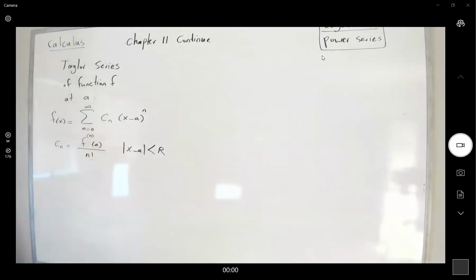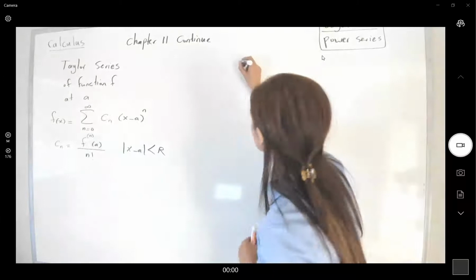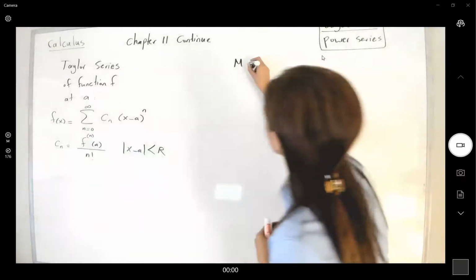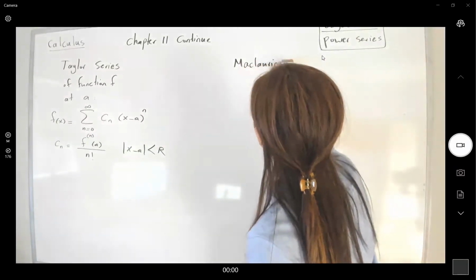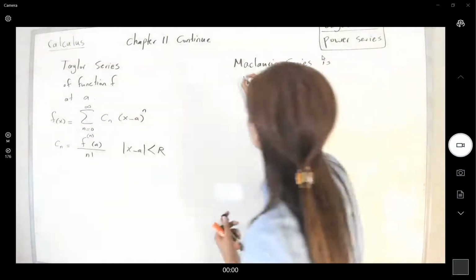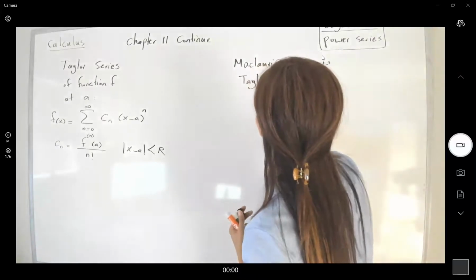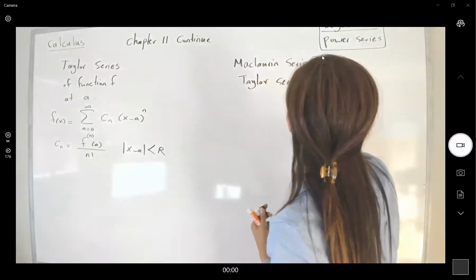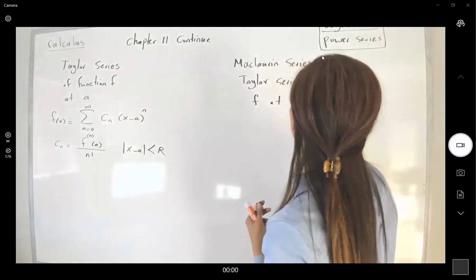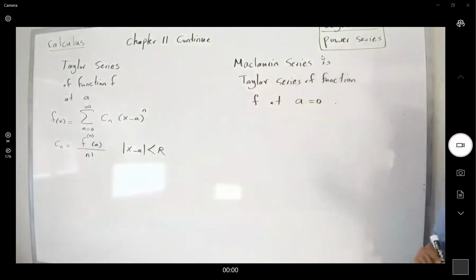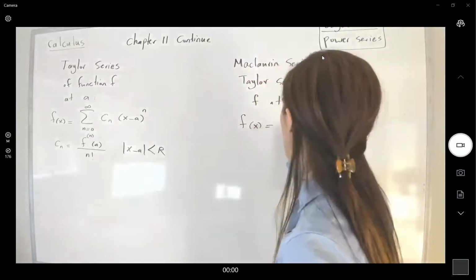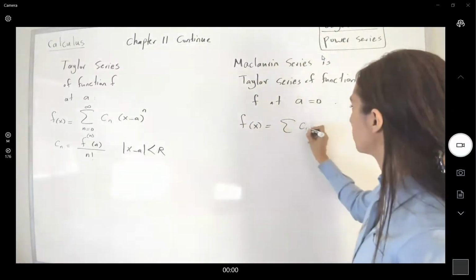When it comes to Maclaurin series, a Maclaurin series is actually a Taylor series of function f at a equal to 0. So we represent it this way. We say that f of x is equal to the sum of c sub n.